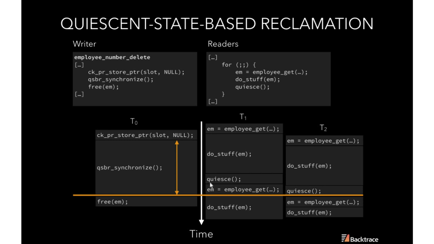And synchronize will wait until all readers have at least called quiesce one more time before returning. And now the guarantee is that at this point in time, any employee get operations are guaranteed to no longer be able to reach the deleted employee object because we set that slot to null. And at this point in time, we're actually free to physically destroy that object.